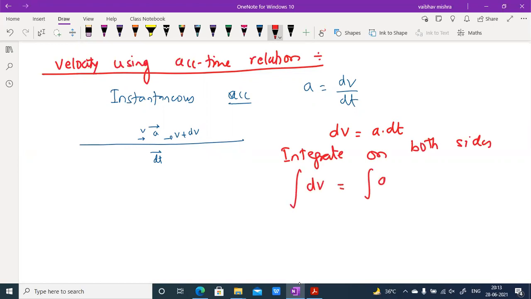Integration of dv will be integration of a times dt, 0 to t, इधर हो जाएगा u to v.